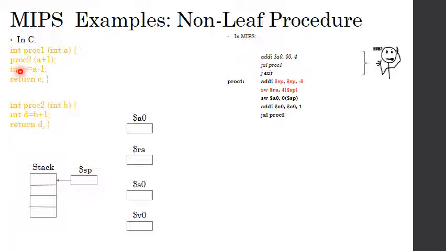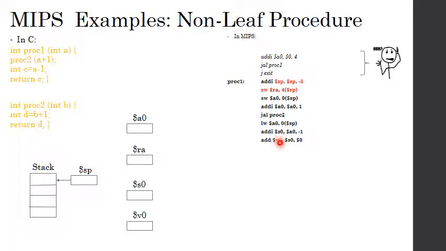The very next instruction would be using the original A0, so I need to get it back. Whatever I saved here, I'm getting it back, the original one. I'm taking one out of it, putting it in S0 that I'm using for C, and moving S0 into the V register. By moving, I mean adding 0 to whatever content of S0.